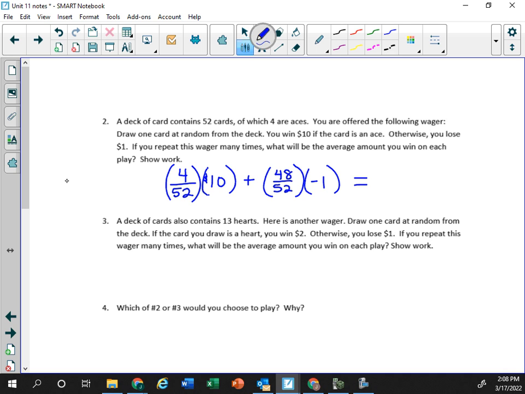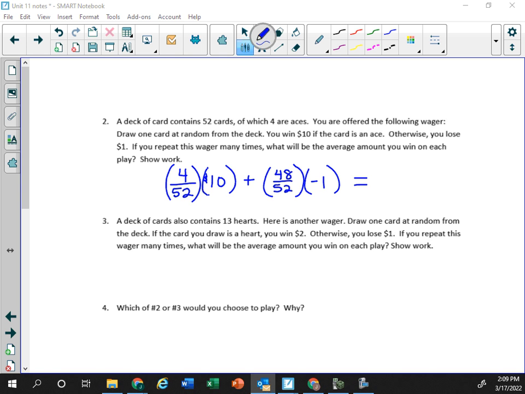So what is this value? What do we get? What do we get?